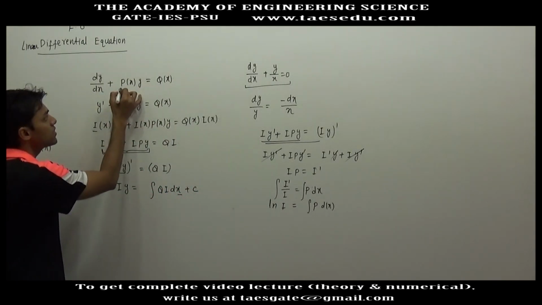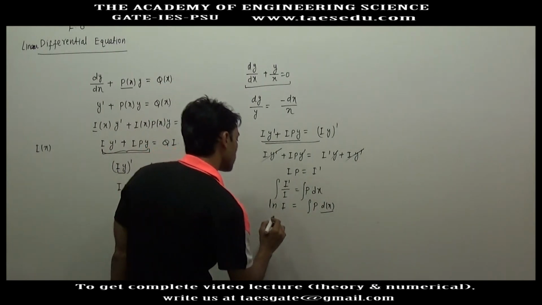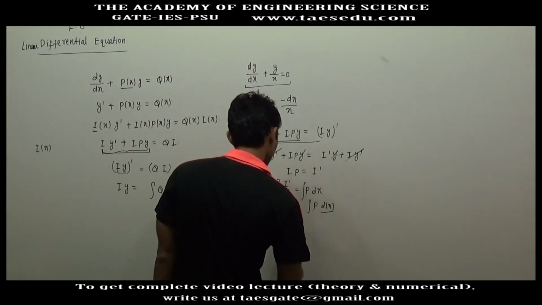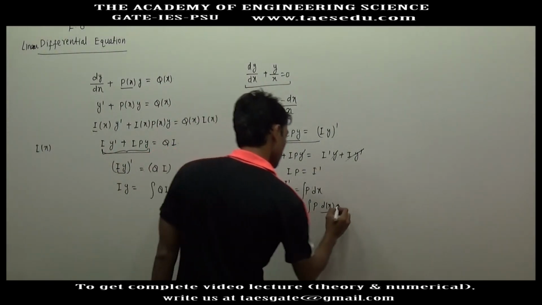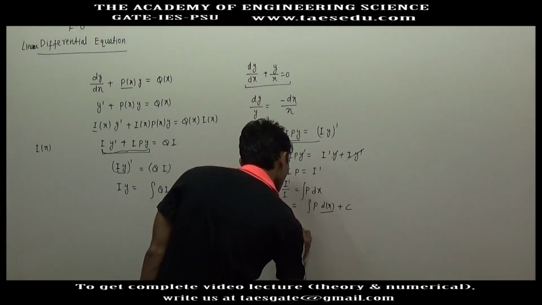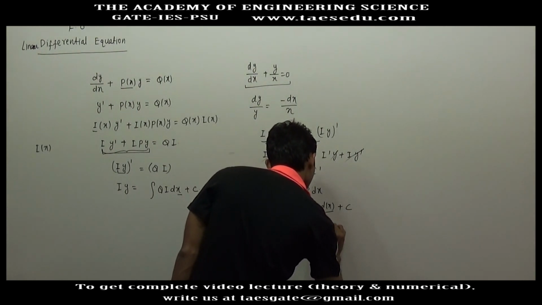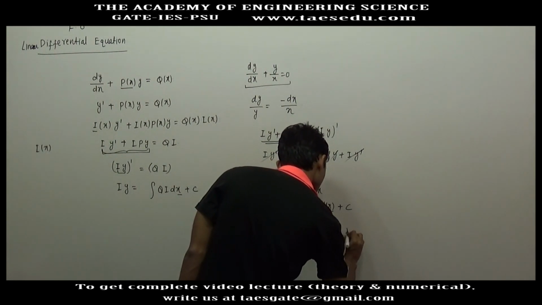Remember, here p is a function of x, so this can be easily integrated. So what will be I? I will be e to power integration p dx plus another constant k.